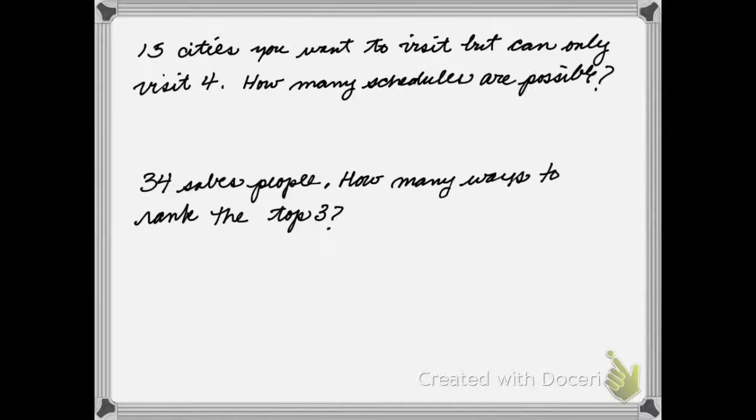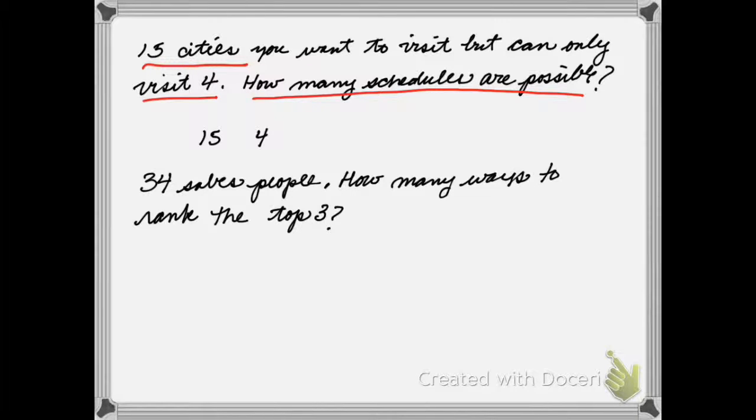Okay, now here's one. We're going to be choosing permutation or combination again. I've got 15 cities you want to visit, but can only visit 4. How many schedules are possible? So how many ways are there to visit 4 of the 15 cities? So that's 15, 4, and is it a permutation or a combination?